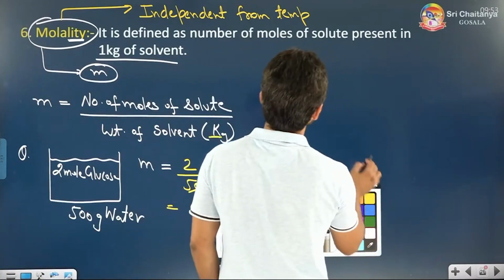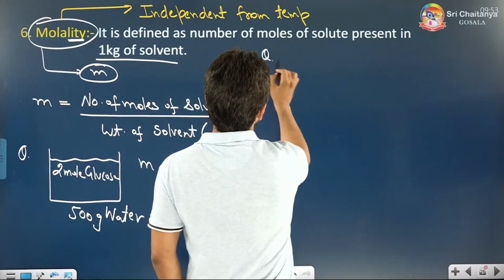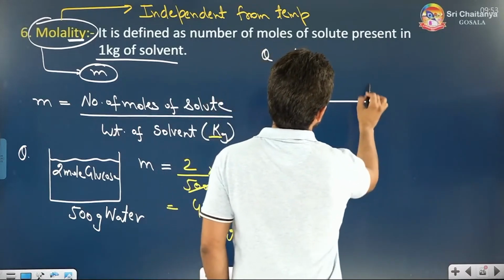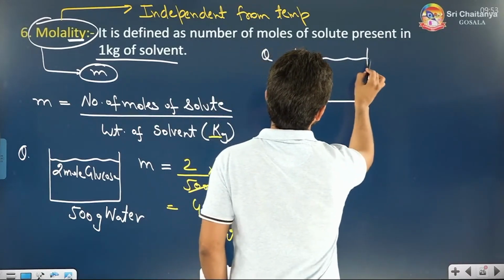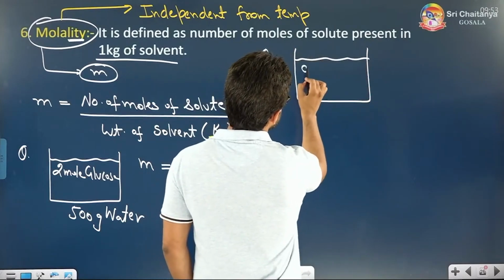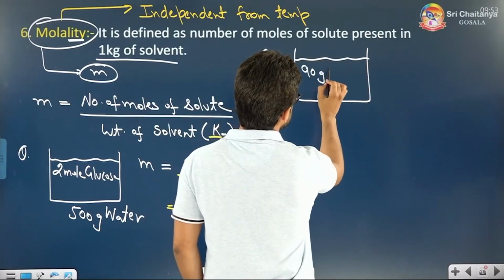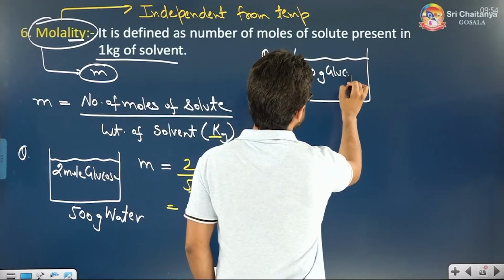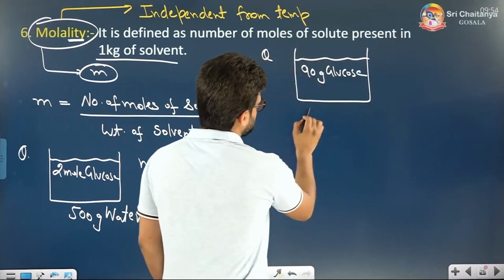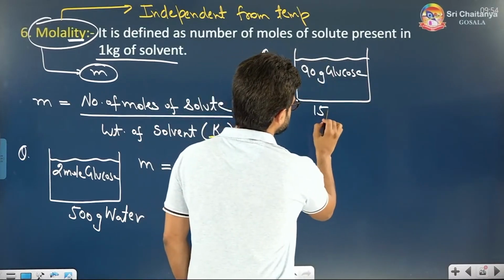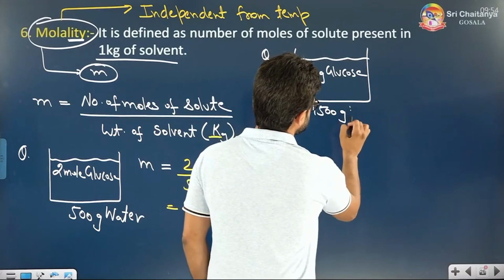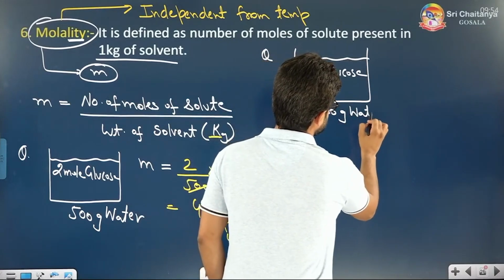Next question, same way. This solution is having 90 gram glucose. I am saying here it is 1500 gram water, that is solvent. Right?